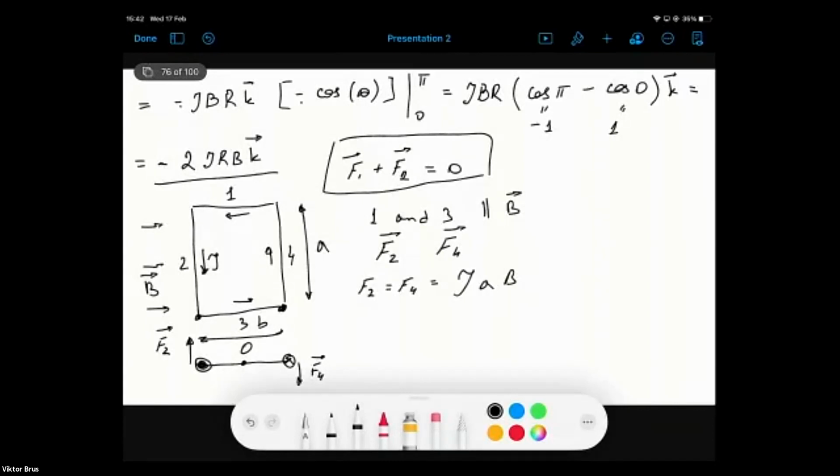The distance between this point O, with respect to which we will calculate the torque, is b divided by 2. Apparently I was confused with this example previously when I was writing R divided by 2.